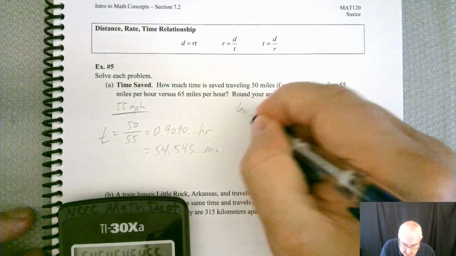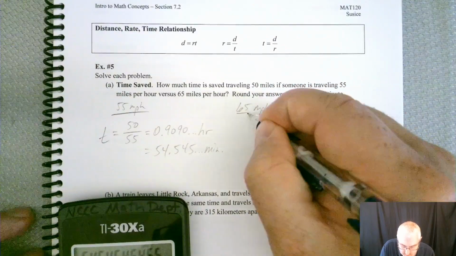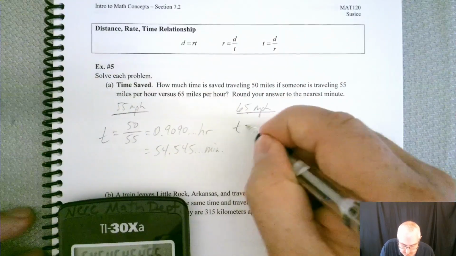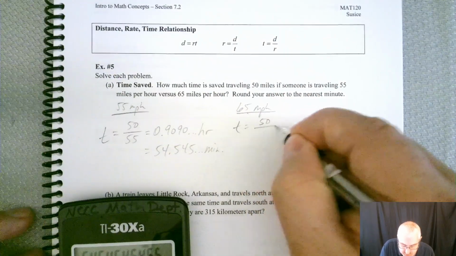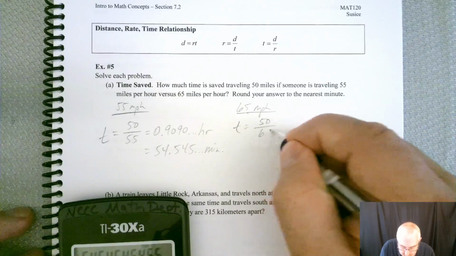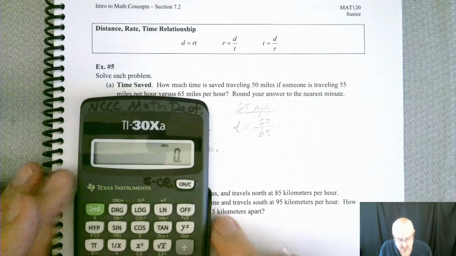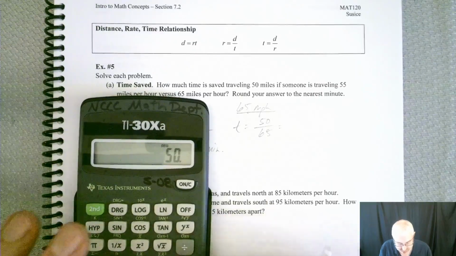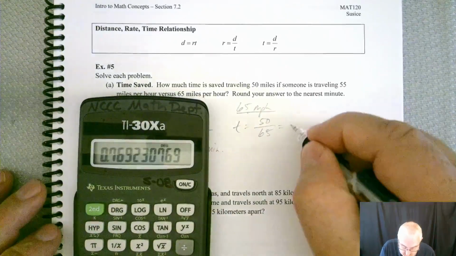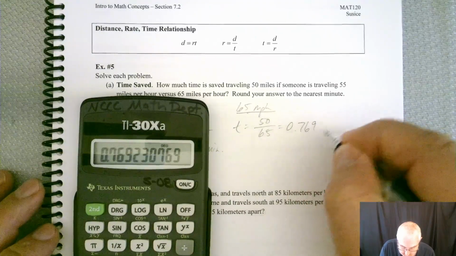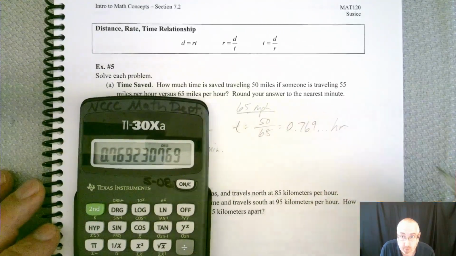Okay, so now let's look at the 65. We're still traveling the same 50 miles, but now we're going 65. So let's see what that does. 50 divided by 65 equals 0.769 blah, blah, blah hours.